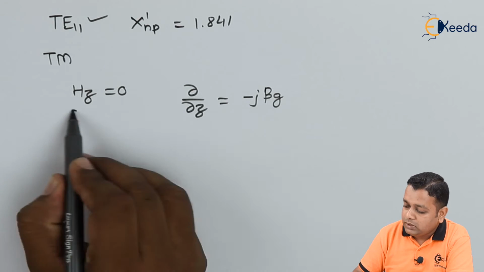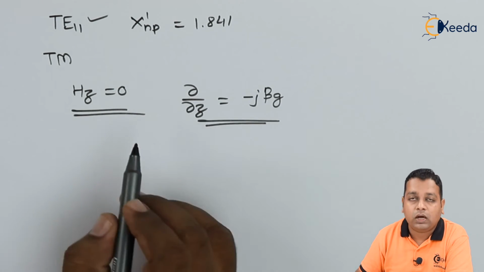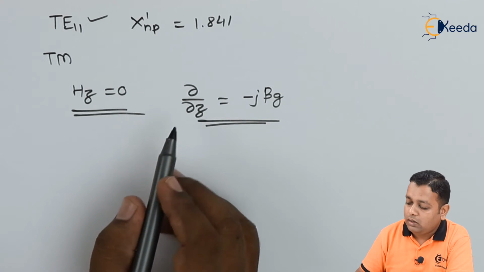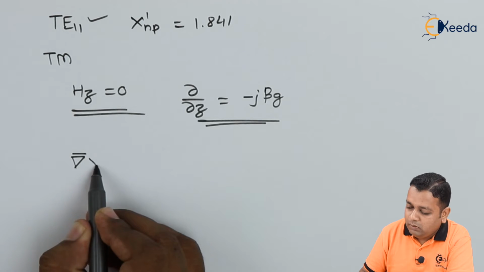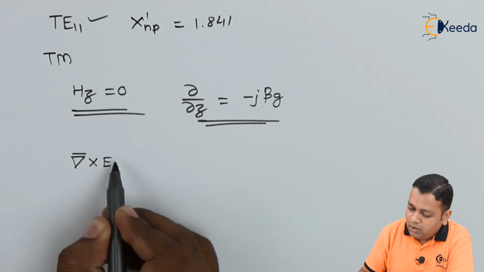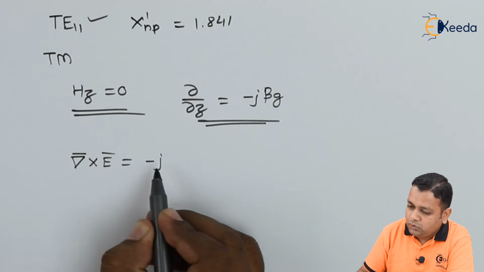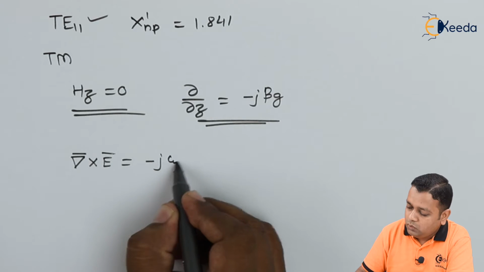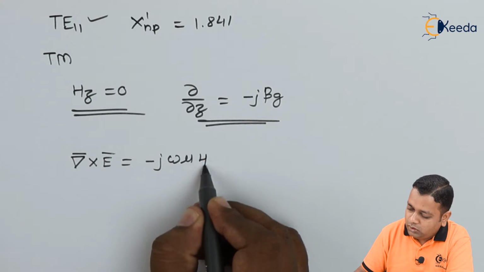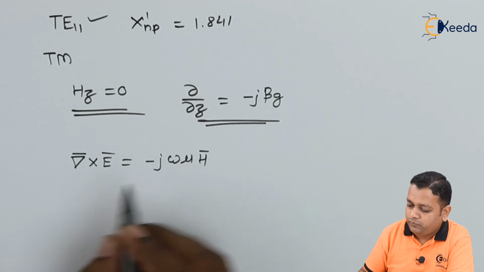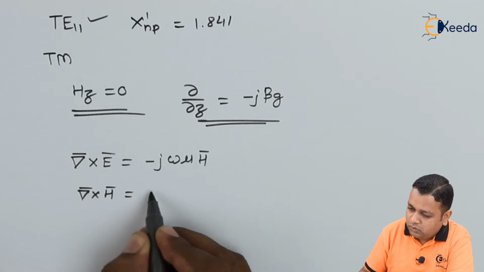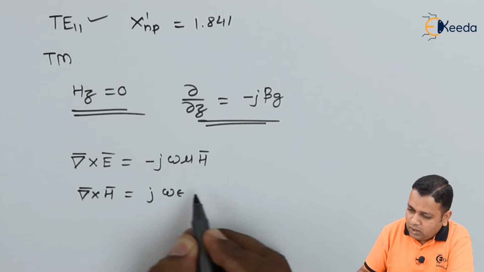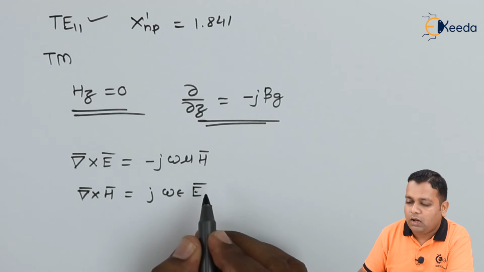So now these two substitutions to the above equation, and further the use of Maxwell's curl equation as del bar cross E bar is equal to, in the frequency domain, minus j omega mu into H bar, and another one del bar cross H bar is equal to j omega epsilon E bar.